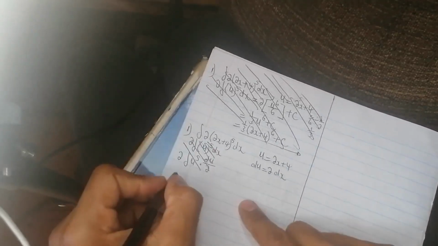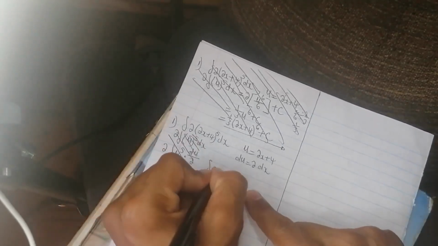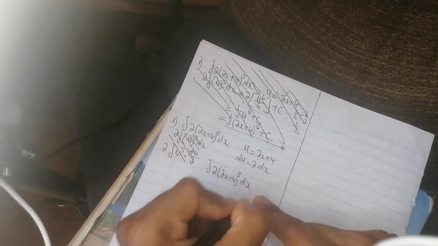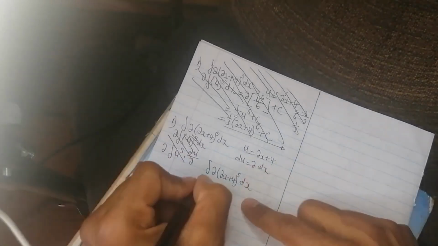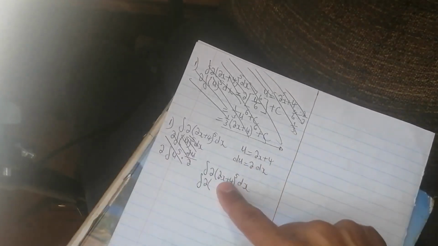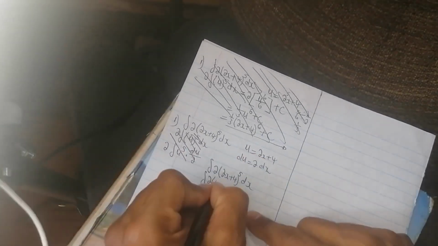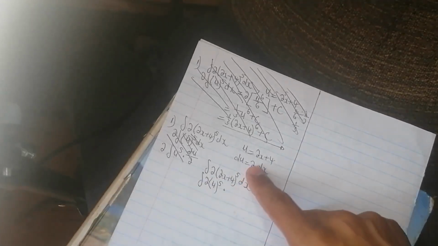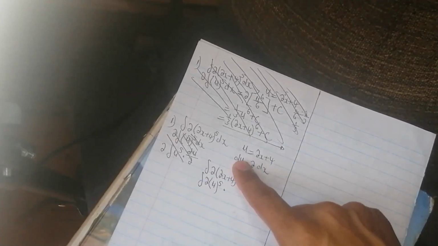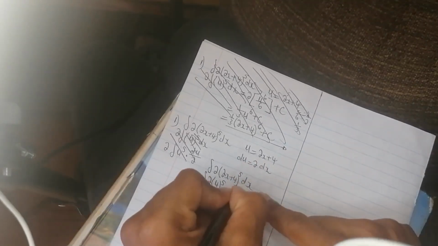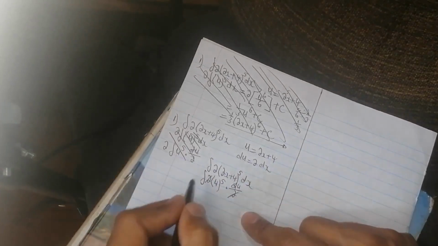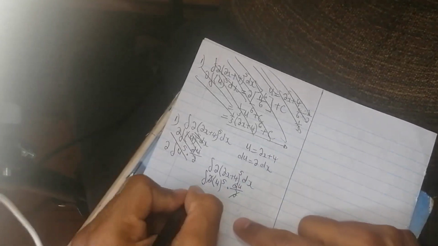So let me take it back the way it is, the integral of (2x + 4)^5 dx. Right, I have the integral of 2. Where I see this, I'm writing u. Where I see dx, if you make dx the subject of the formula, du divided by 2. And this goes once because it is a numerator and a denominator.